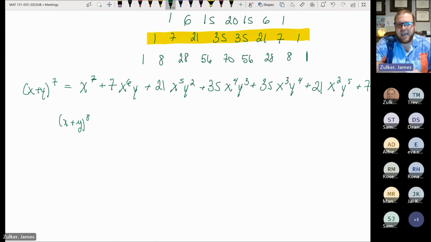So if we wanted x plus y to the 8th power, notice each term I'm decreasing my x power by 1, increasing my y power by 1, and using these coefficients.